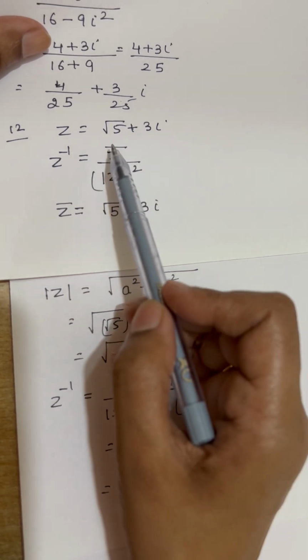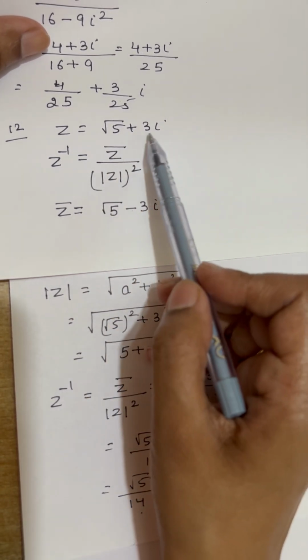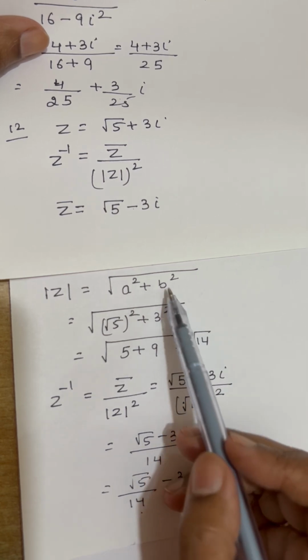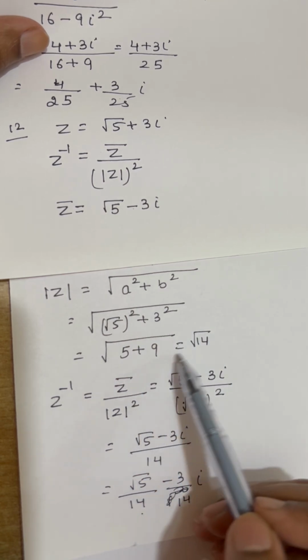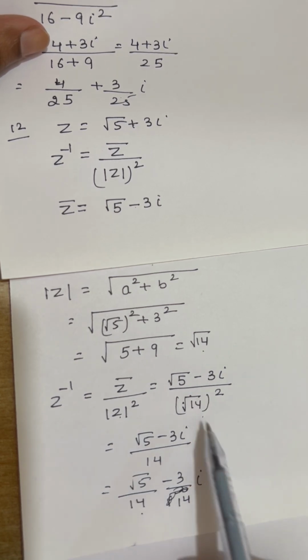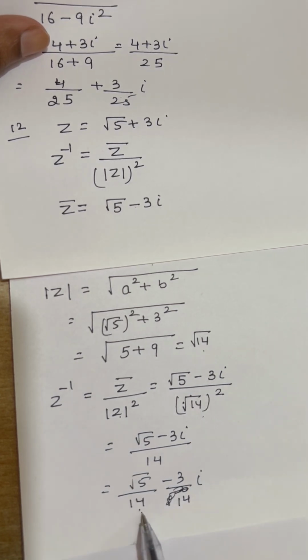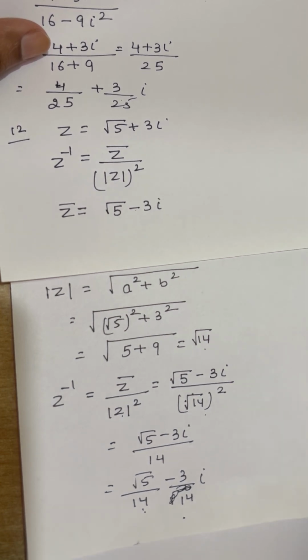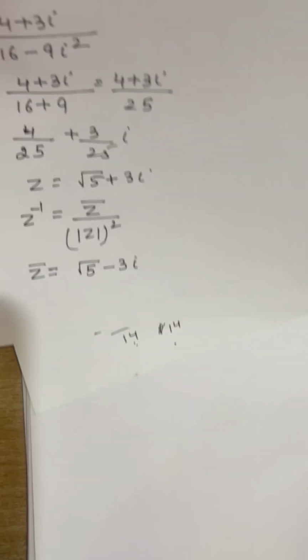A is root 5 and b is 3, not 3 iota, only 3. We don't take iota in b. So it is written here, so it becomes root 14. So z inverse using formula, substituting values, it becomes root 5 upon 14 minus 3 upon 14 iota. So moving on to next question.